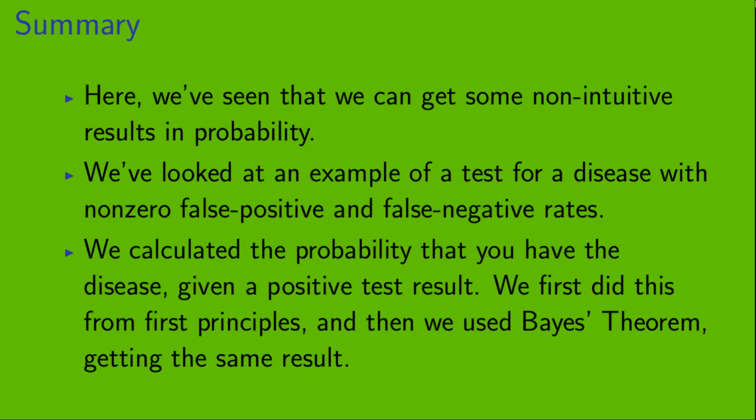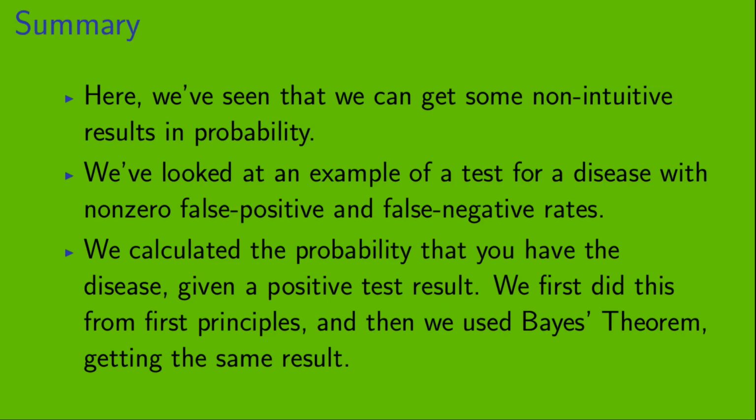Okay, so let's summarize. Here we've seen that we can get some non-intuitive results in probability. We've looked at an example of a test for a disease with non-zero false positive and false negative rates. We calculated the probability that you have the disease given a positive test result.